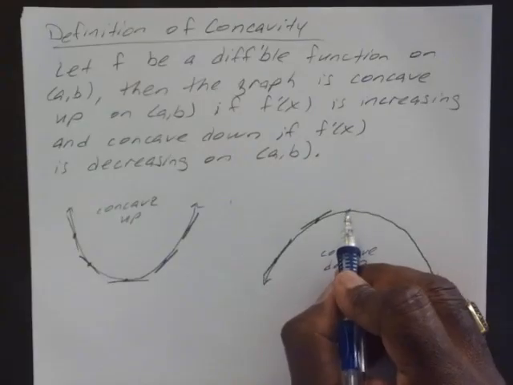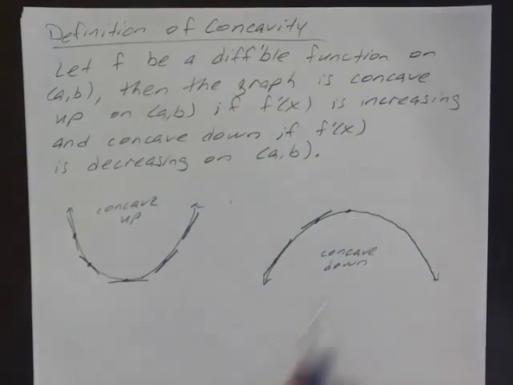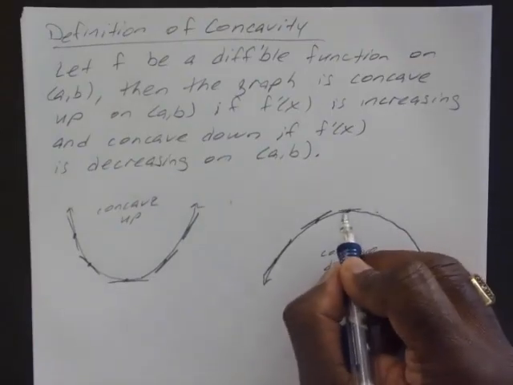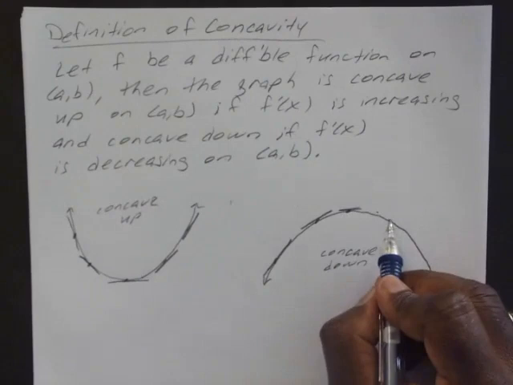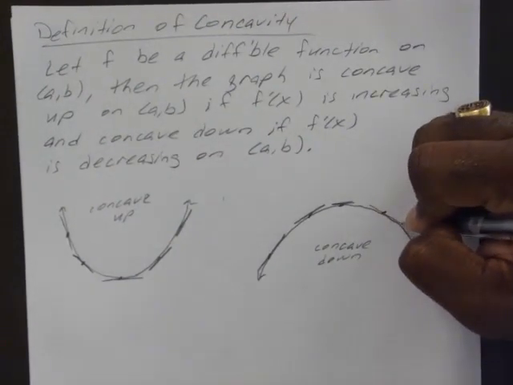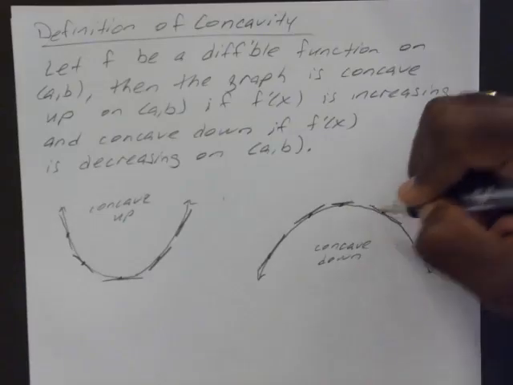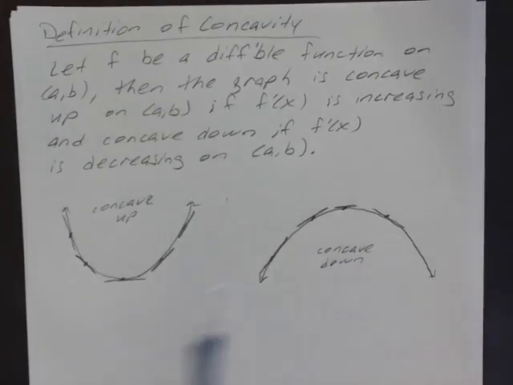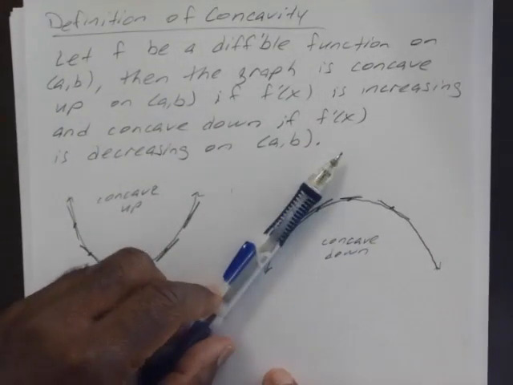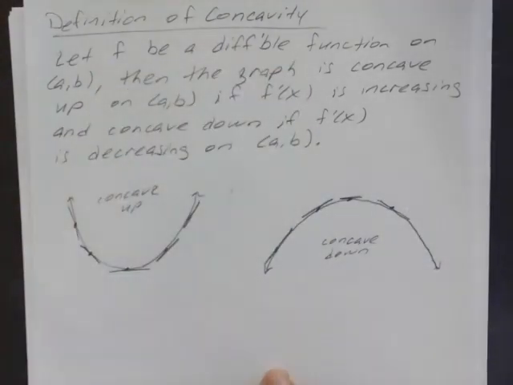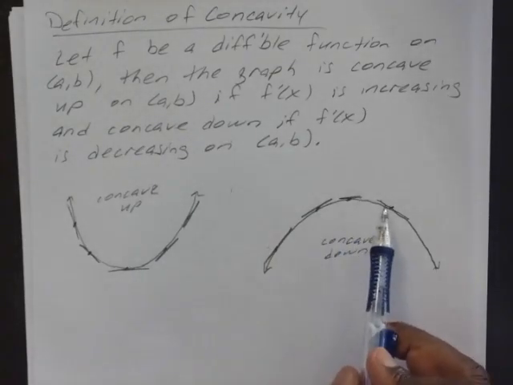Then eventually right here at your vertex, it would be 0. Then eventually it would start being negative. So you can see as you slowly go to the right, the slope of the tangent line goes from being kind of steep to not as steep to 0, then eventually negative. So your f prime of x is decreasing on that interval.